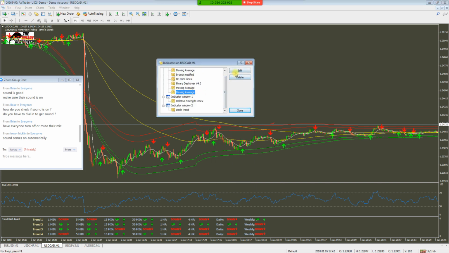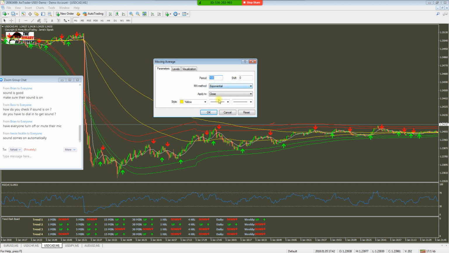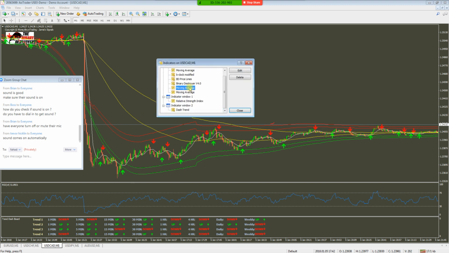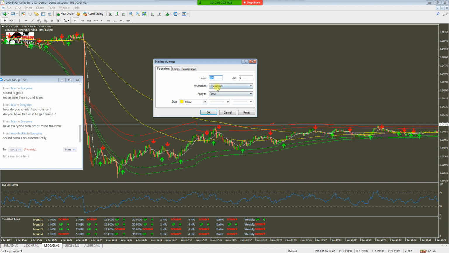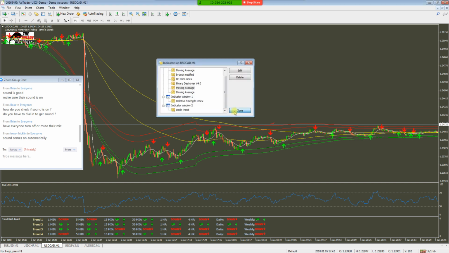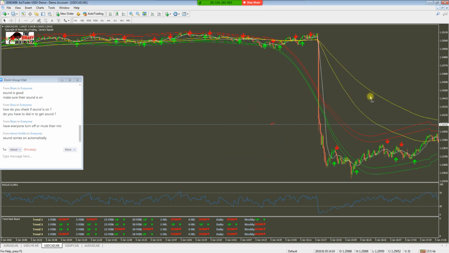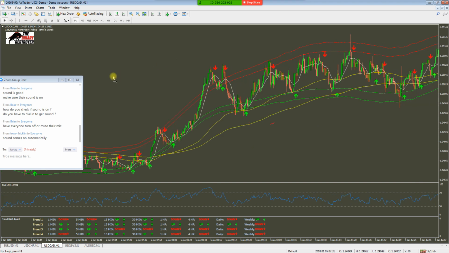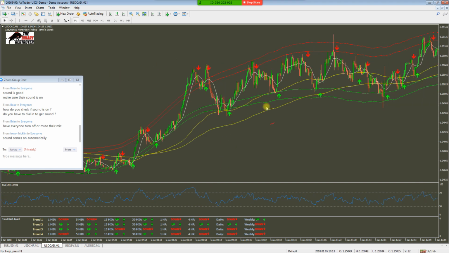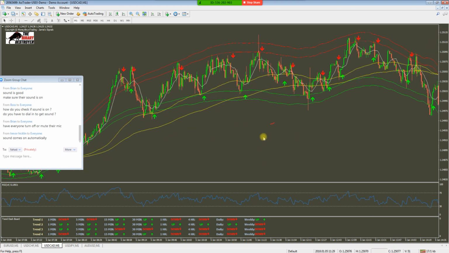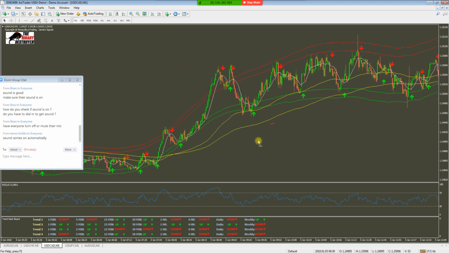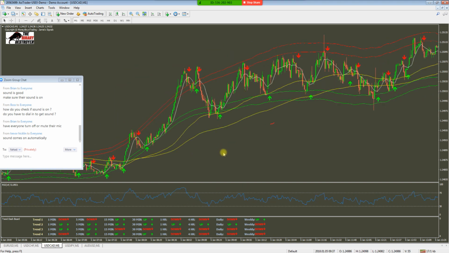So you've got here a 100 exponential, and here a 200 exponential. And what we found was that this little area in between was a perfect opportunity to get into a trade. EMAs and moving averages are very good because they confirm what a trend is.